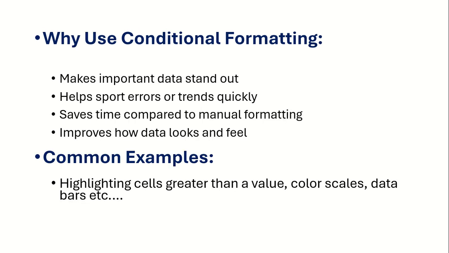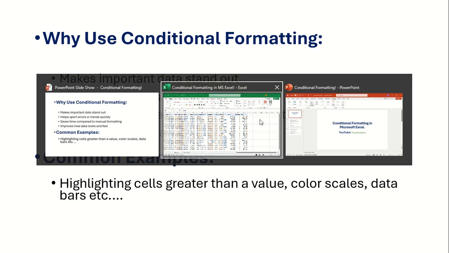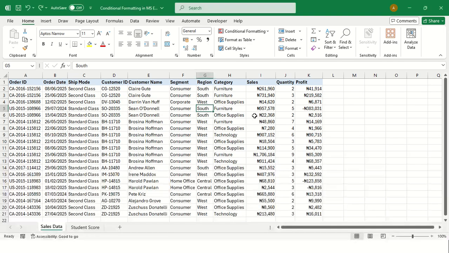We use it to make important data stand out, to help spot errors or trends quickly, and to save time compared to manual formatting. It improves how data looks and feels. Common examples are highlighting cells that are greater than a value, color scales, data bars, etc. Right? Let's quickly get into Excel.